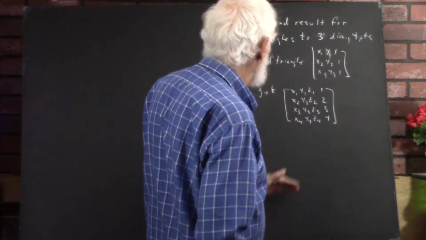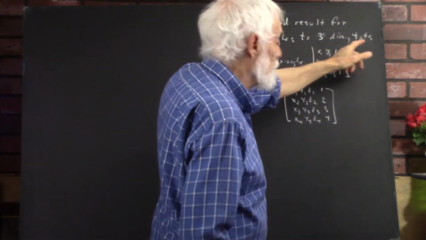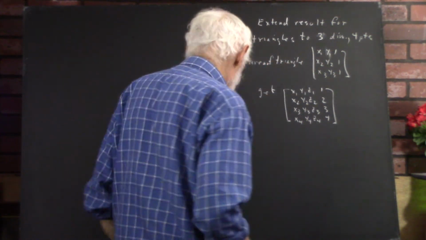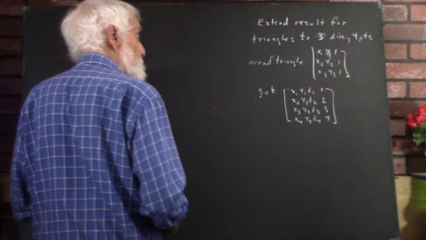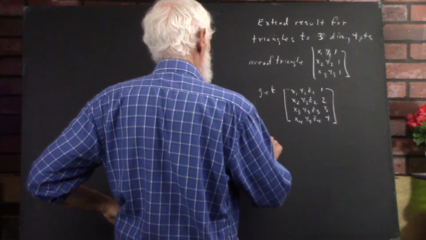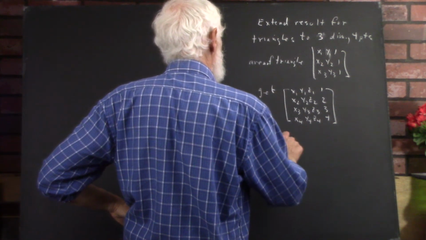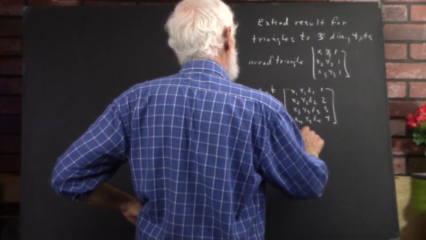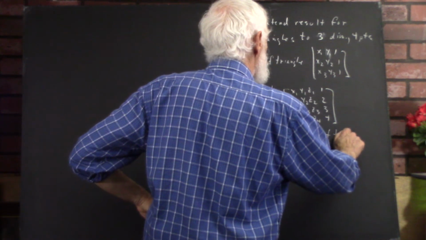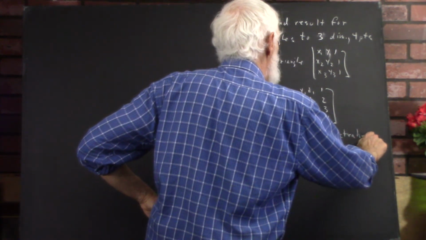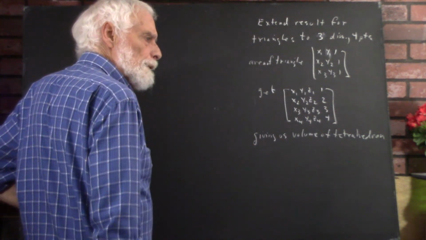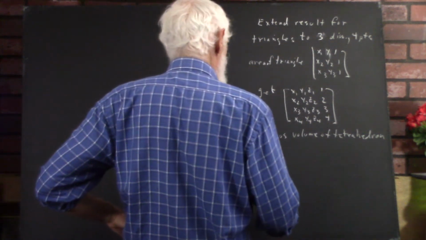So we have 4 points in 3 dimensions. Each of these is a point in 3 dimensions, and there are 4 of them. We get this, and that gives us the volume of a tetrahedron in 3 dimensions.